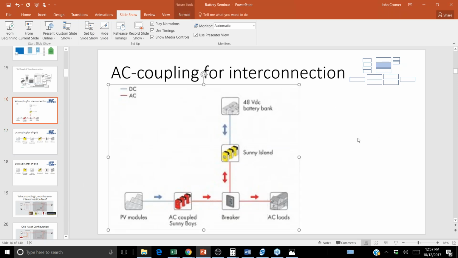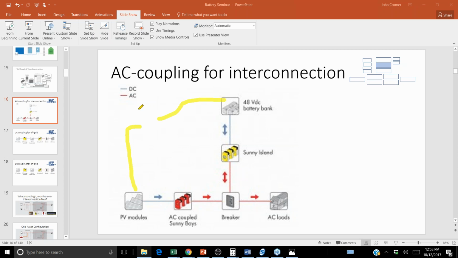Under an AC coupled situation, and I apologize for this being a little blurry, there is no charge controller. You don't have the solar array going directly into the battery bank with a charge controller in the middle regulating the voltage.